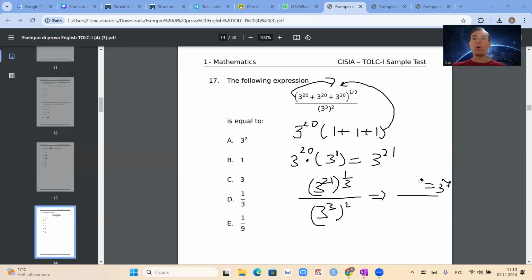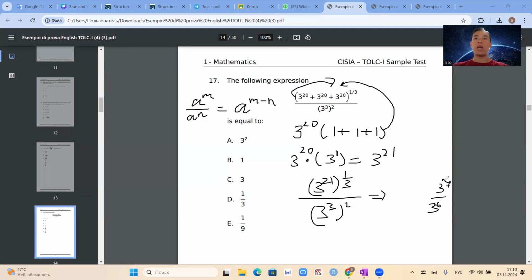In the bottom part, there is 3 to the power of 3, to the power of 2. We just multiply 3 and 2, and we get 3 to the power of 6. And there is a last property. Wherever there is a division, for example, a to the power of m over a to the power of n, this is the same as a to the power of m minus n.